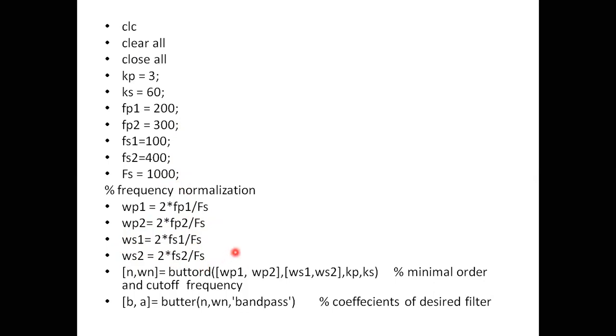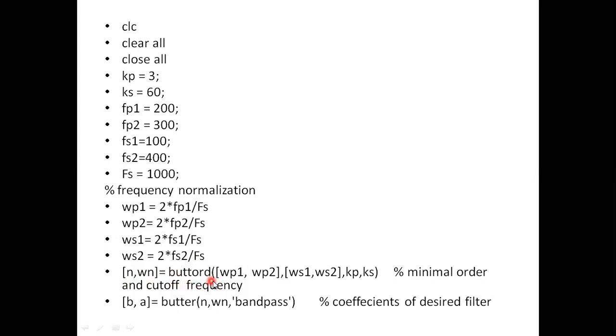Now you need to find the order and cutoff frequency of your Butterworth filter. So the command is n is your order and omega n is your cutoff frequency. So these two you need to find out. So what is the command in Butterworth filter? BUTTORD is the command.